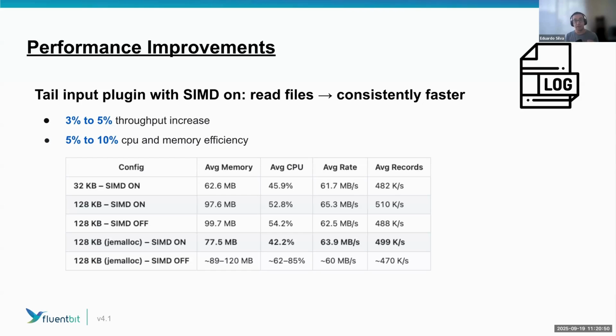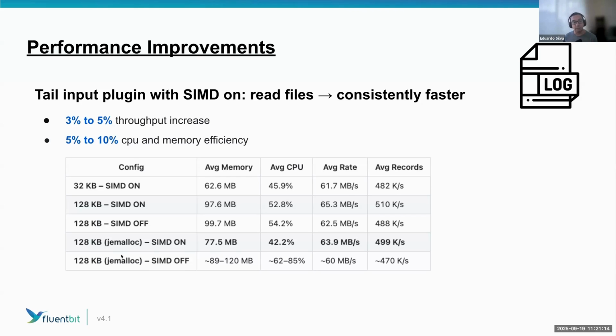For example, glibc will fragment the memory a lot based on the usage that is required by Fluent Bit. However, in our container images, we provide Fluent Bit enabled with jemalloc, which is an alternative memory allocator. And that memory allocator is very well known to reduce the fragmentation a lot.